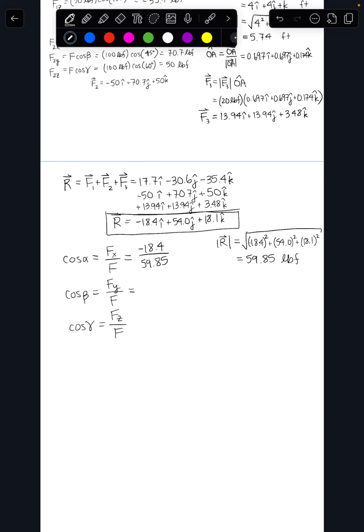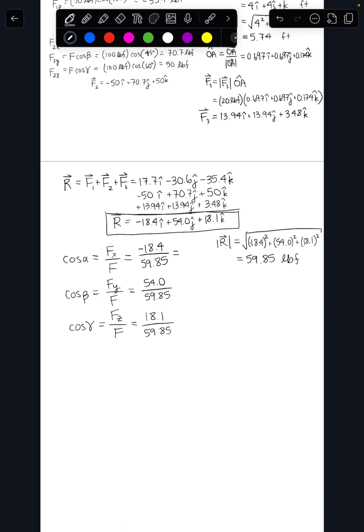And then for cosine beta, we take our y component, which is 54, and then divide by the magnitude, 59.85. And for the z component, for cosine gamma, we take our z component, divide by the magnitude, 59.85.